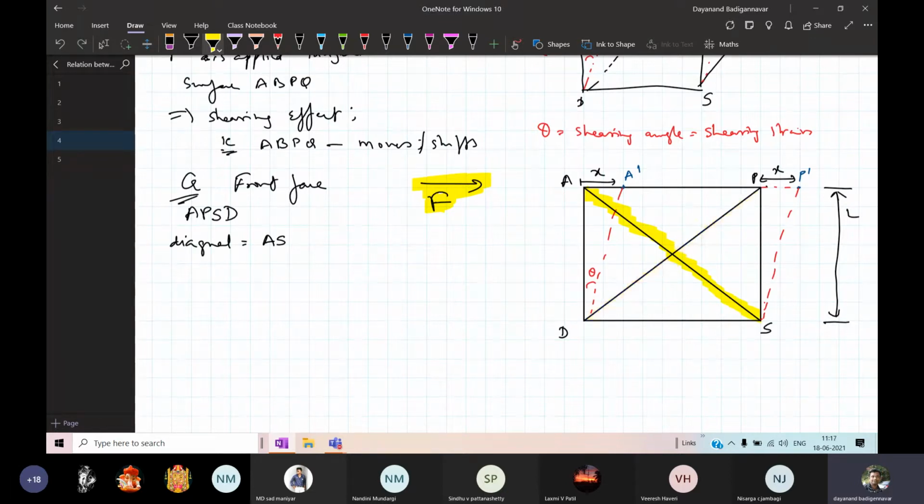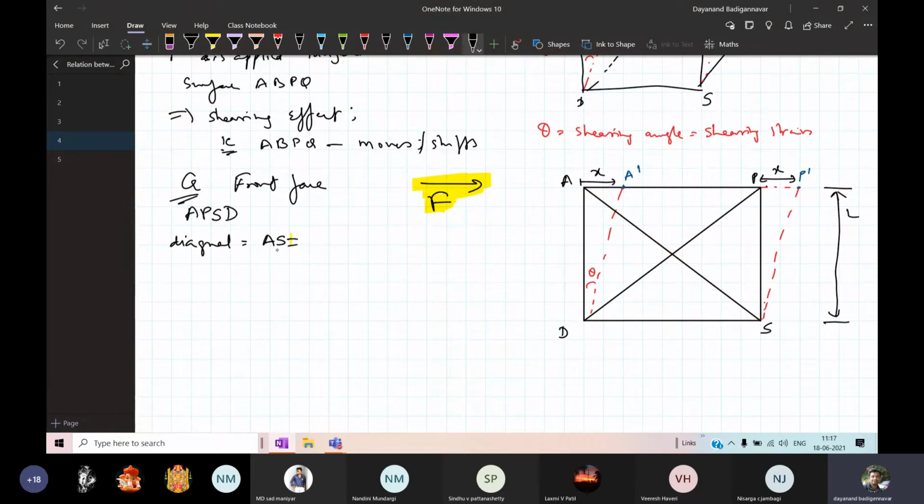So if you evaluate it from the Pythagoras theorem, this is the length what you have. This is the length L, and this is also length L. Therefore you apply the Pythagoras theorem to evaluate the length of the diagonal. Can anybody tell me the length of the diagonal? Yesterday's class we have done it.